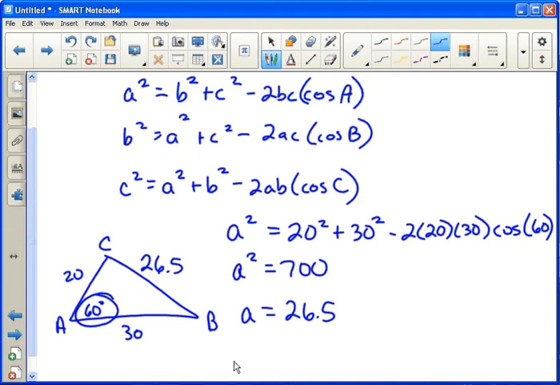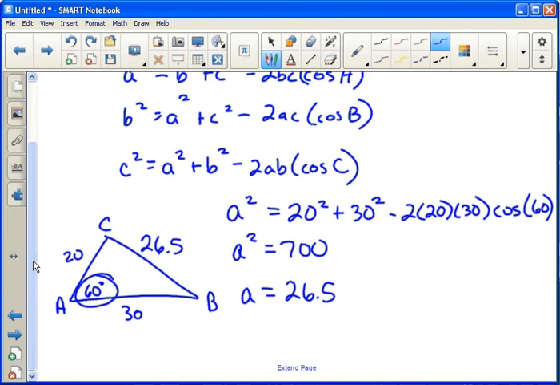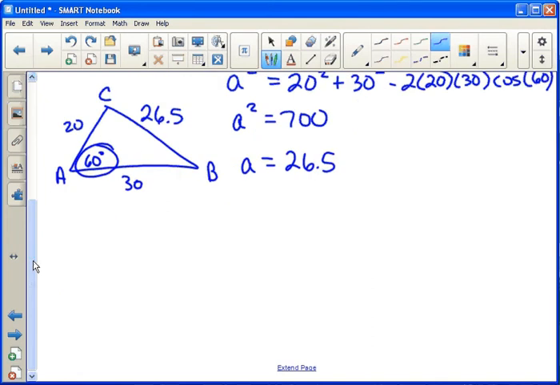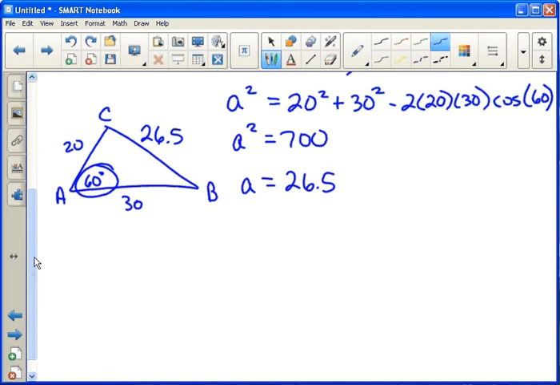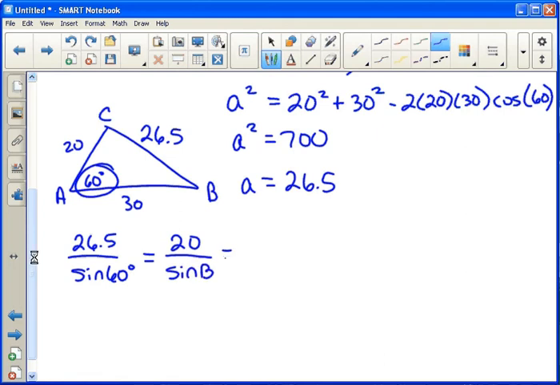So we still need to figure out two more angles, and what we'll do at this point is switch back to the law of sines since it's a simpler way to go. So now if you just set up the law of sines, you know that 26.5 over sine of 60 degrees is equal to 20 over sine of angle B equals 30 over sine of angle C. So at this point you can choose to solve for angle B or angle C. It doesn't matter.